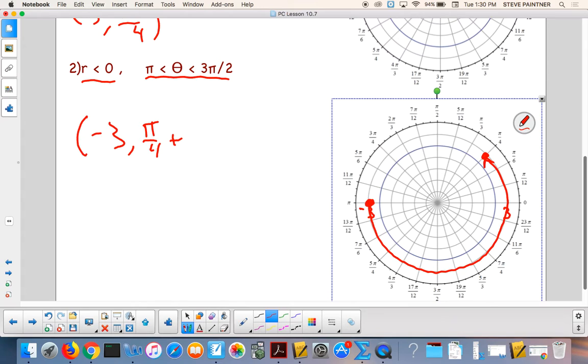Yeah, we just had to add π. So when you're dealing with a negative radius, it's often enough to just say, okay, here's my negative radius, it's -3. I want to go π/4, but because I'm negative, I need to go another π to get to the point. Can you go to the one above it? Sure.